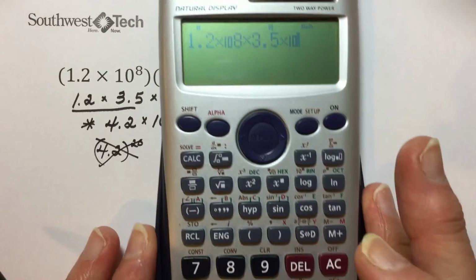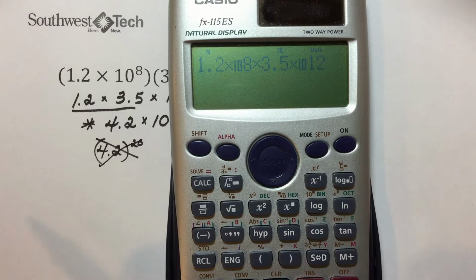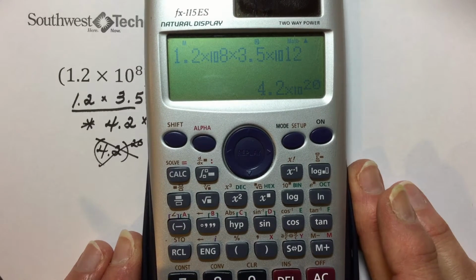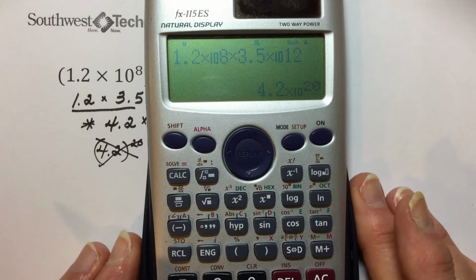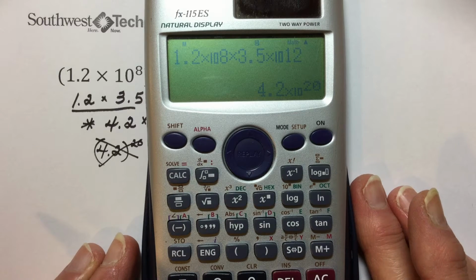What is required is that we put in the power of our exponent, which is 12, and then hit equals for our answer. This model does display our answer in a recognizable standard form for scientific notation.